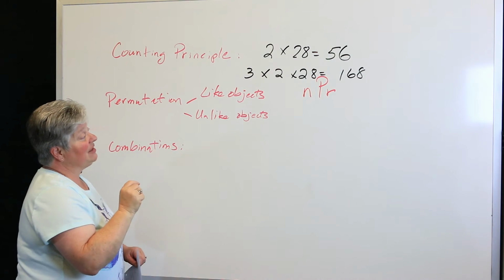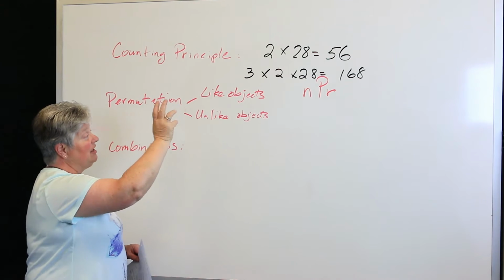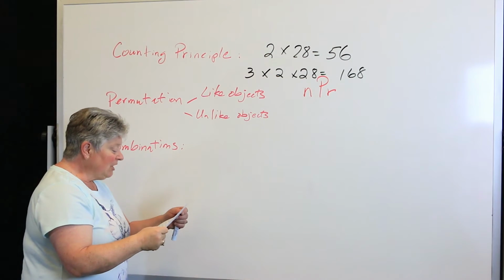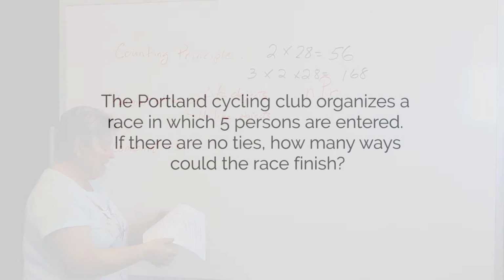Now, I think the best way to explain this and the notation is really through an example. So our example here says, the Portland Cycling Club organizes a race in which 5 persons, we're just calling them A, B, C, D, and E, are entered. If there are no ties, how many ways could the race finish?